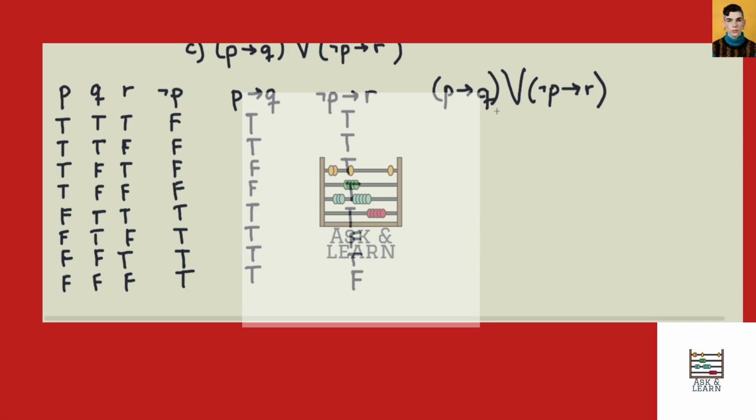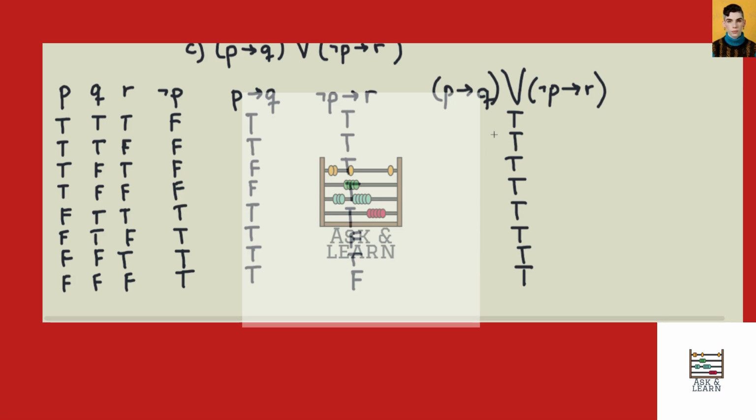Therefore, we're looking at true, true, true, true, false, true, false, true, true, true, true, false, true, true, true, false. None of these combinations are both false. So all the truth values will be true. 1, 2, 3, 4, 5, 6, 7, 8. So this will be the truth table for C.